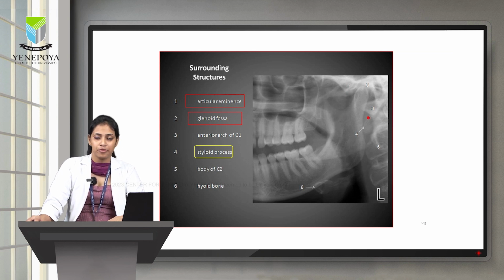Then we have the styloid process. The styloid process is a thin, long, slender process projecting downwards and forwards. On a panoramic radiograph, it appears as a radio-opaque spine superimposing onto the posterior border of the ramus of the mandible. On a panoramic radiograph, we can also appreciate the anterior arch of C1 and the body of C2.